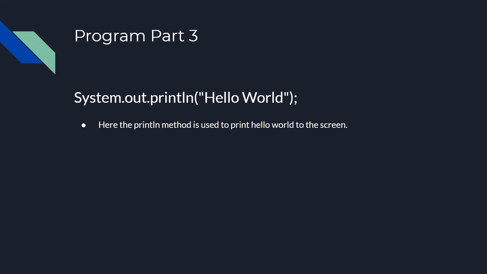I'll explain everything apart from println, what system dot out means, in the upcoming videos. So here just remember that println is used to print anything you put inside the brackets to the screen.